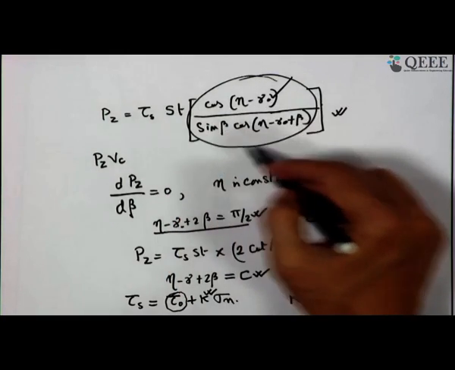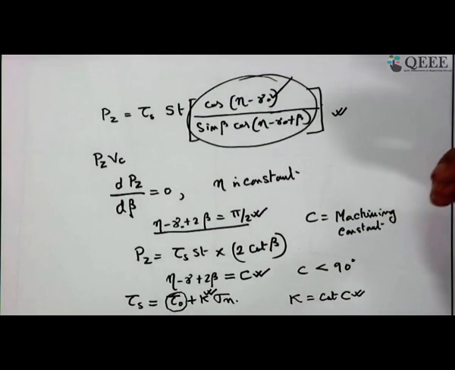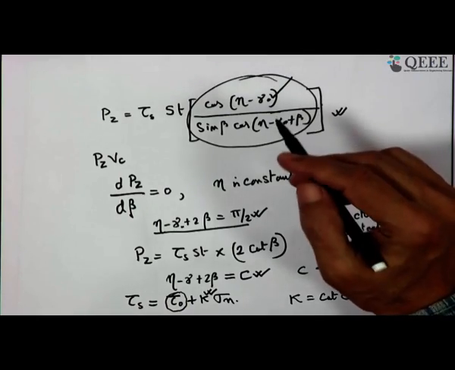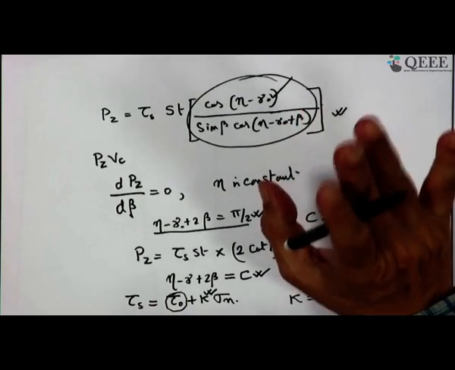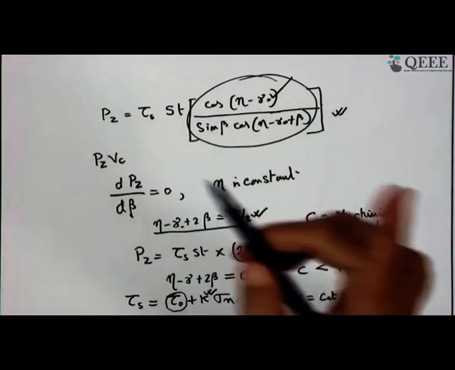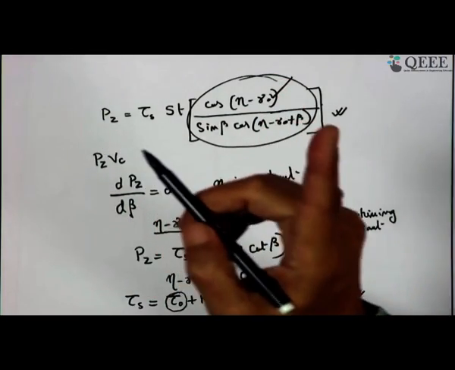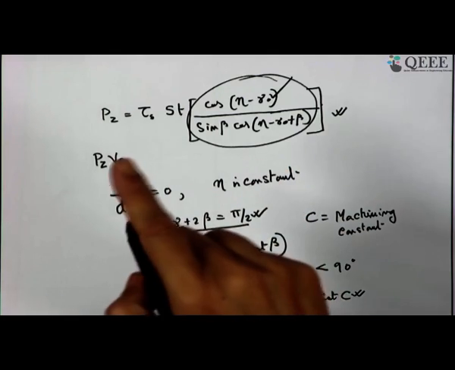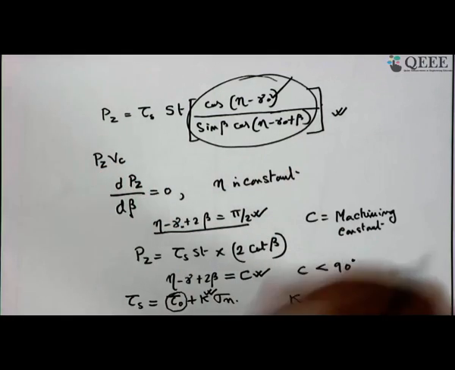But this factor is a hidden parameter. Who is working behind it? It is actually the cutting velocity. Cutting velocity has two roles. One is, as you increase the cutting velocity, the shear zone temperature, you recall theta s, will rise.